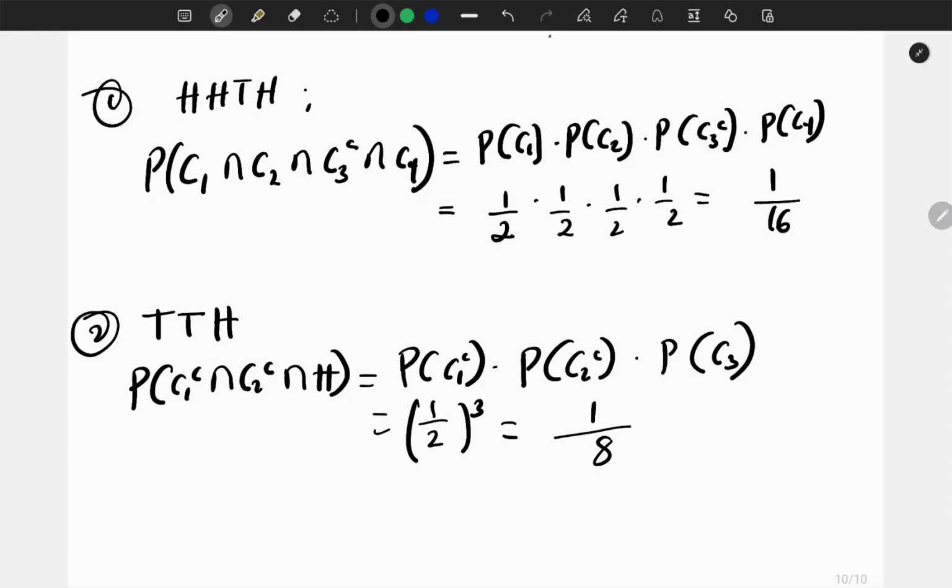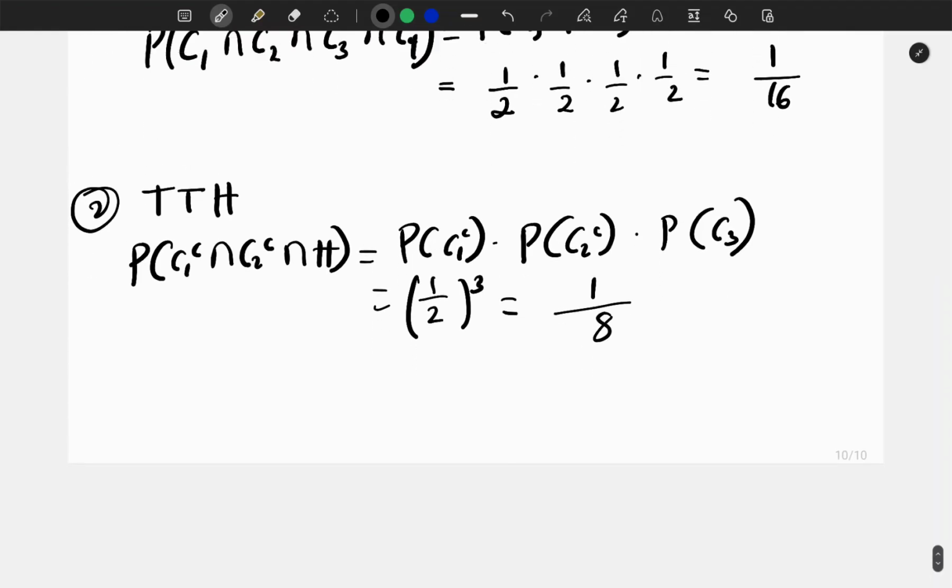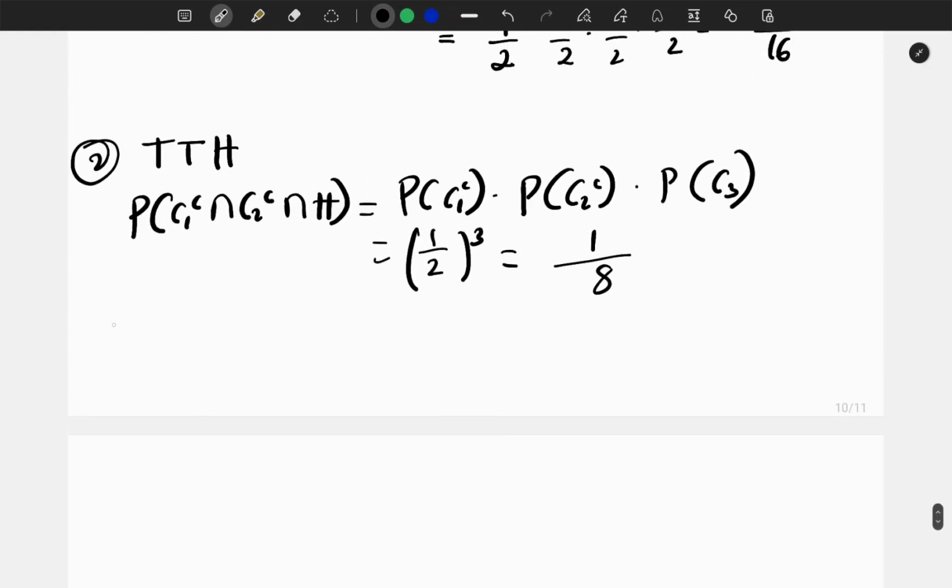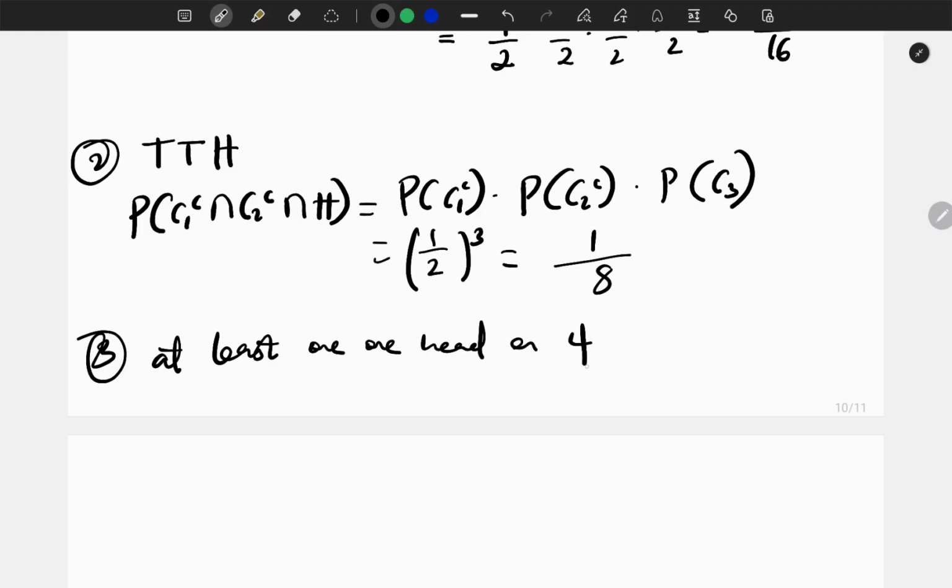And next, we have to find the probability of getting at least one head on 4 flips.